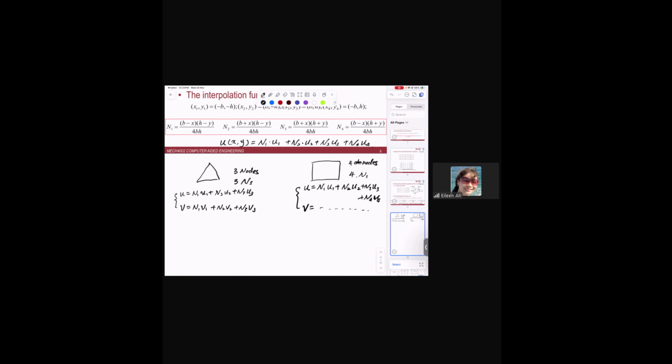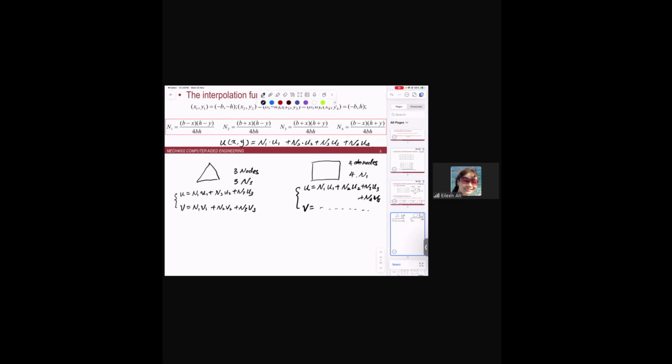So this is a very important behavior for the shape functions. The number of shape functions equals the number of nodes in this element. So for a 3 node element, you have 3 shape functions. For a 4 node element, you have 4 shape functions. Later, if we have 10 nodes in one element, that means you have 10 shape functions in this element.